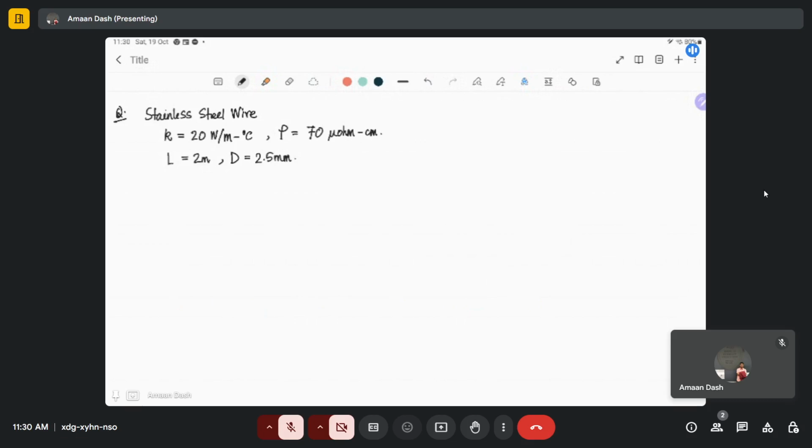And this stainless steel wire is submerged in a fluid at 50 degrees Celsius.